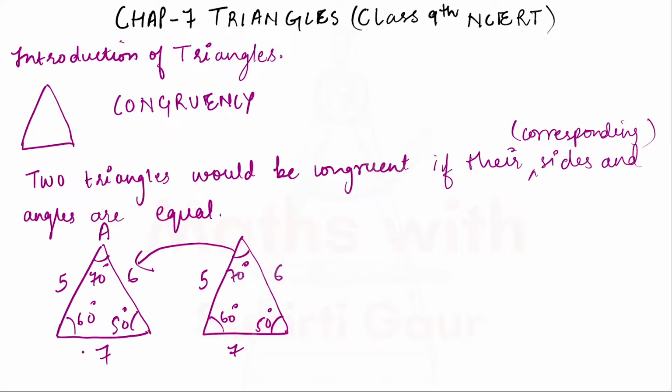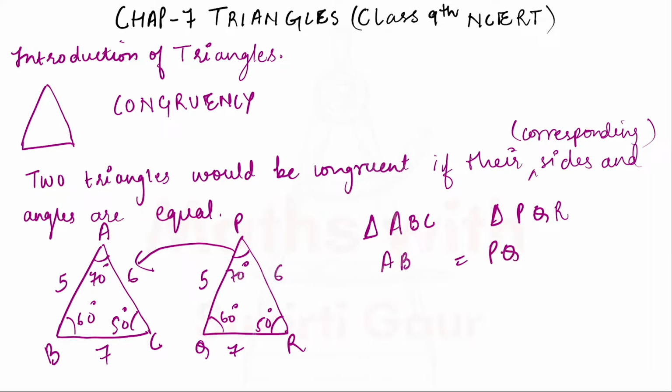Let's suppose this is A, B, C and this is P, Q, R. In triangle ABC and triangle PQR, we have AB equals PQ, and we have AC equals PR, also we have BC equals QR.